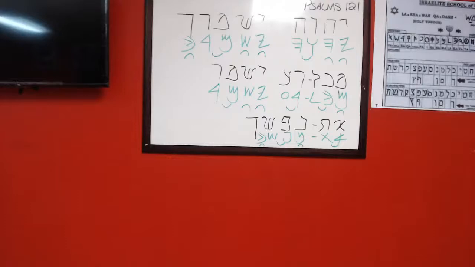Go ahead, brother. I'm sitting here looking at the characters of our alphabet, of our language, right? And I'm sitting here looking at how much of a devil Esau is.